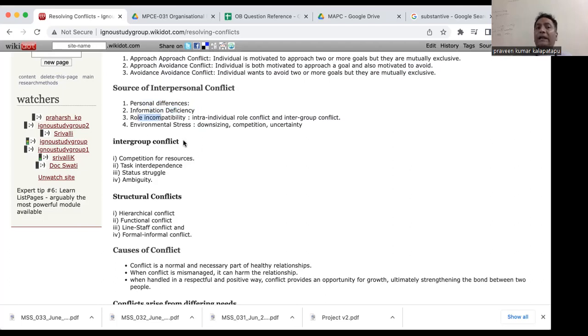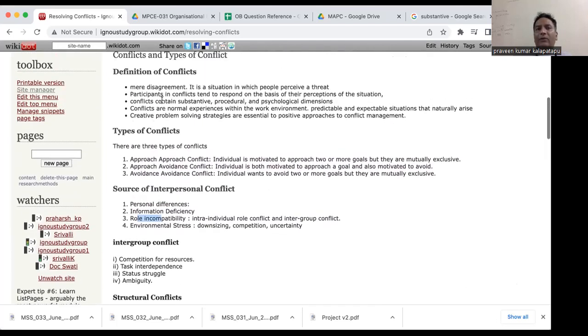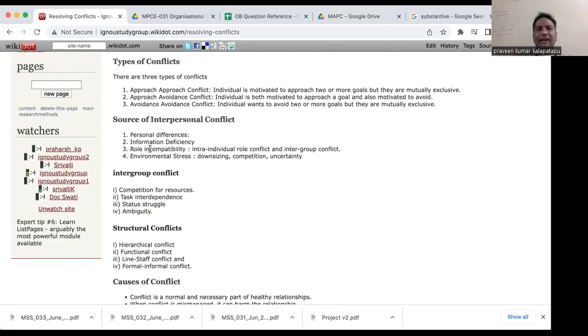It could be role incompatibility. We already talked about conflict being a normal experience within the work environment, so in certain cases the role is such that you have to go and fight. So role incompatibility, and environmental stress. It could so happen that you are stressed out for multiple reasons.